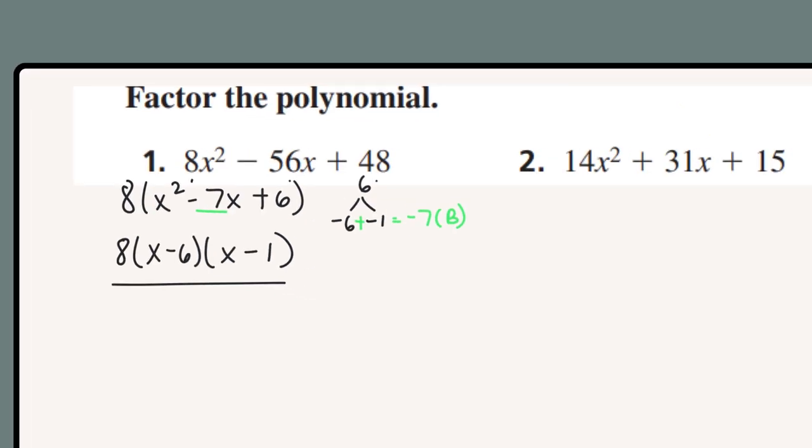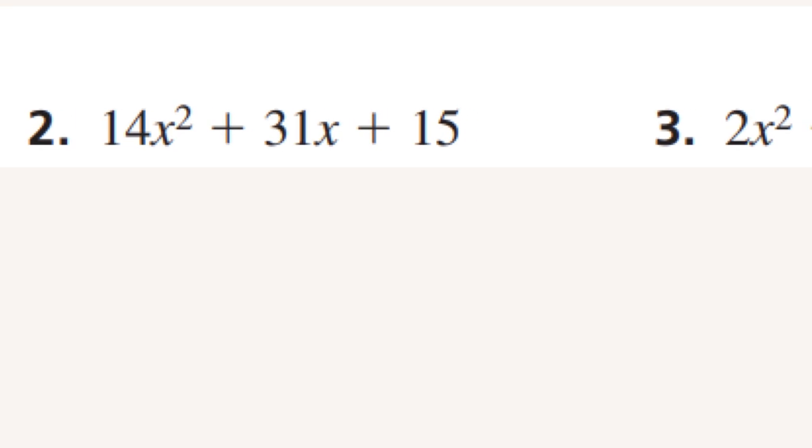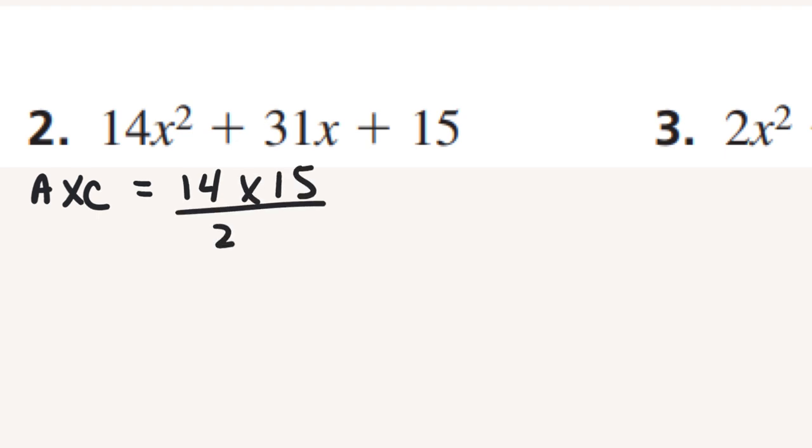In number 2, I'm going to see, is there anything I can factor with 14, 31, and 15? So I can't. So I'm going to do A times C, which gives me 14 times 15 gives me 210. C is positive and B is positive. So I'm looking for P and Q both positive. 210.